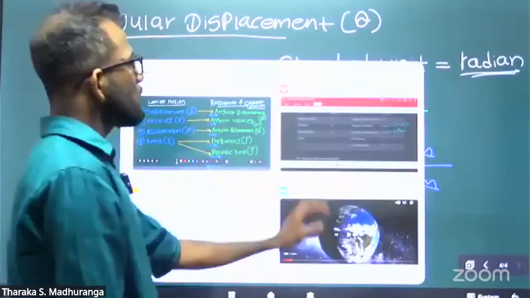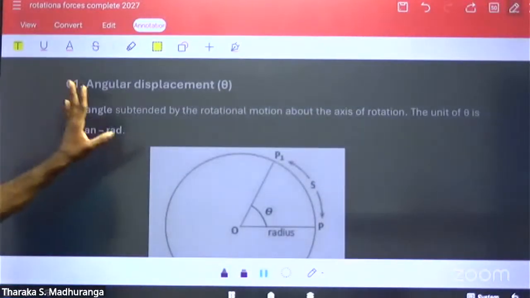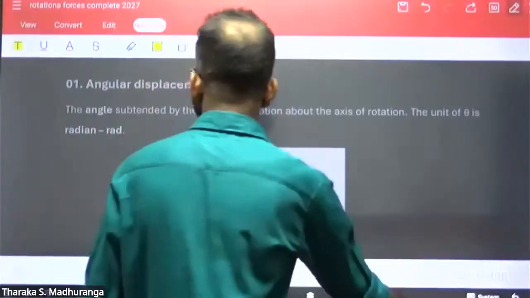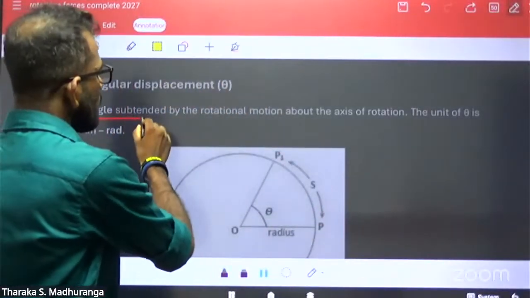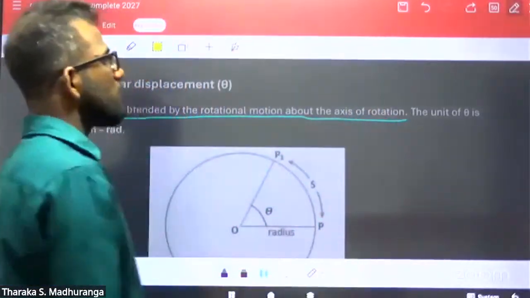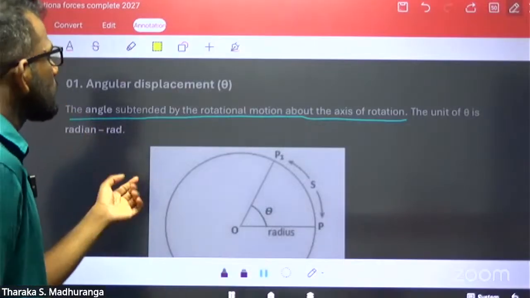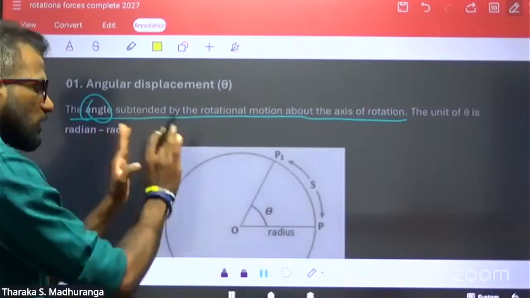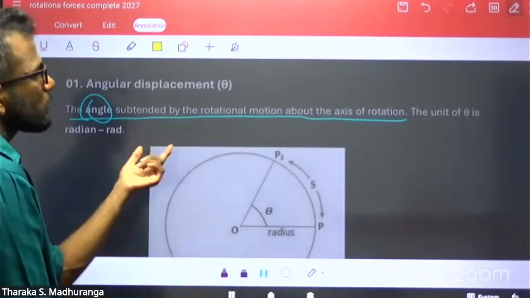Okay, go to the tute. The angle subtended by the rotational motion about the axis of rotation. The angular displacement is the angle of rotation subtended to the axis.